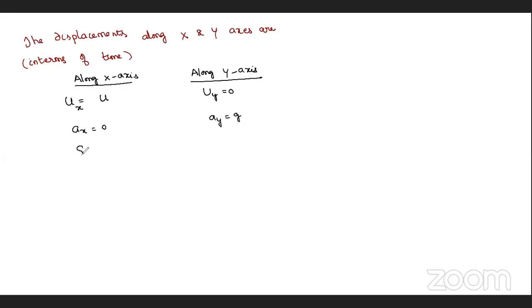I'm asking what is the displacement along x-axis? That is, x equals how much? Displacement along y-axis, let it be y. How much? In terms of time, so after a time t, you are going to use what? s equals ut plus half a t square. Very good.